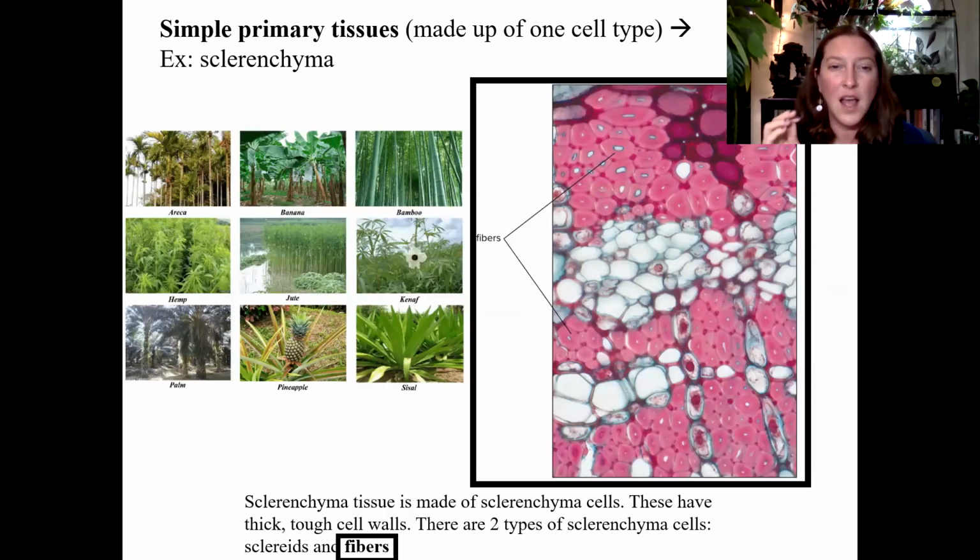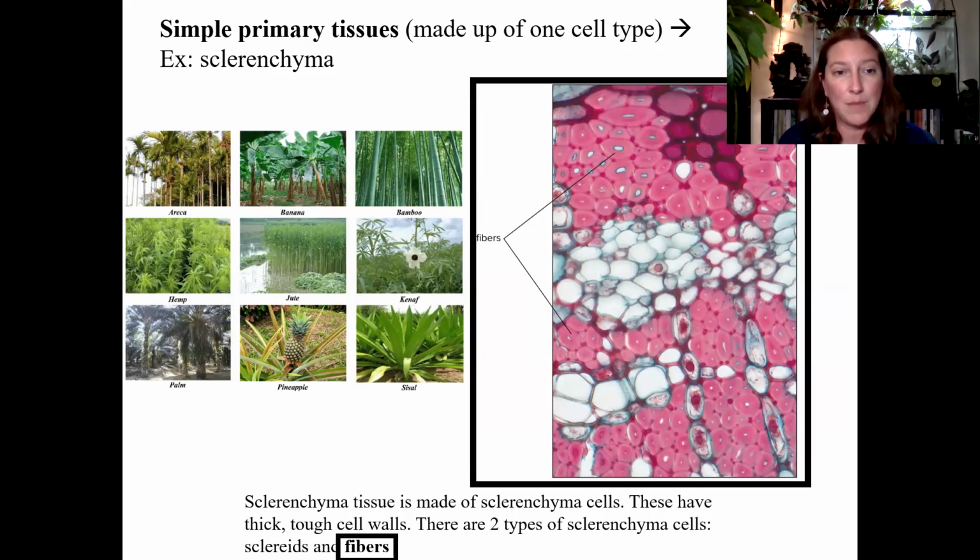Fibers, on the other hand, are not gritty, as it were. They're more just strong and tough. On the right here, you see a microscope slide, and all of the pink cells are fiber cells. They're also long. And if you look here on the left, we use fiber cells to make lots of different fibers for our own use as humans, right?